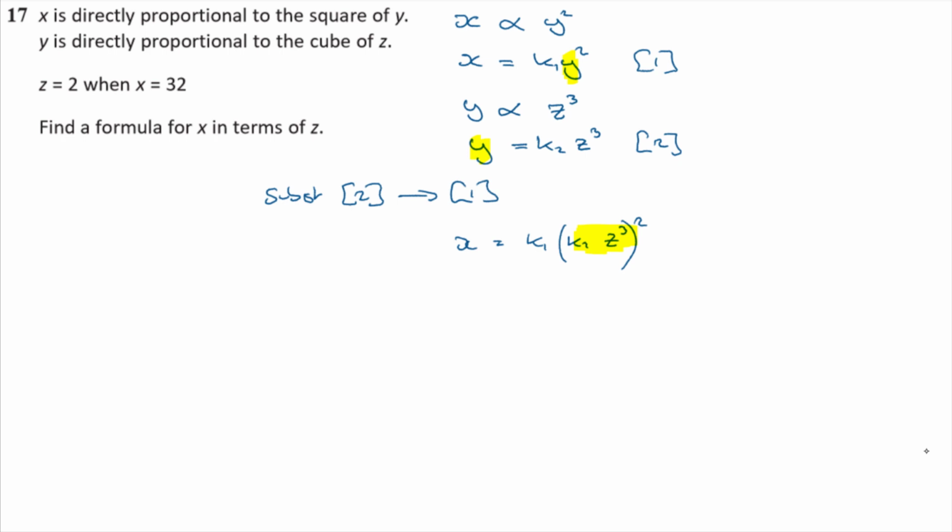Okay, just multiplying out those brackets, I'm going to get x is equal to k1 k2 squared z to the power of 6. Okay, and then I've got these two values here, when z is equal to 2, x is equal to 32.